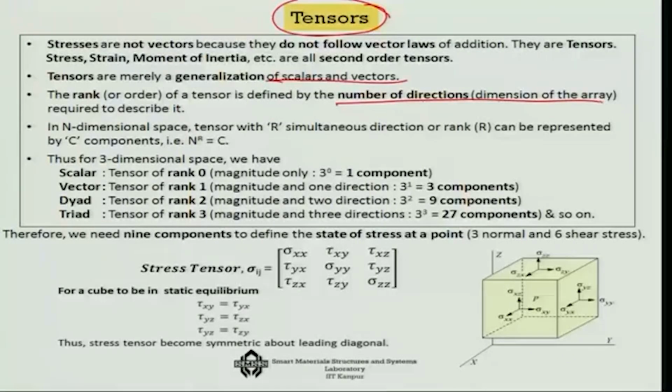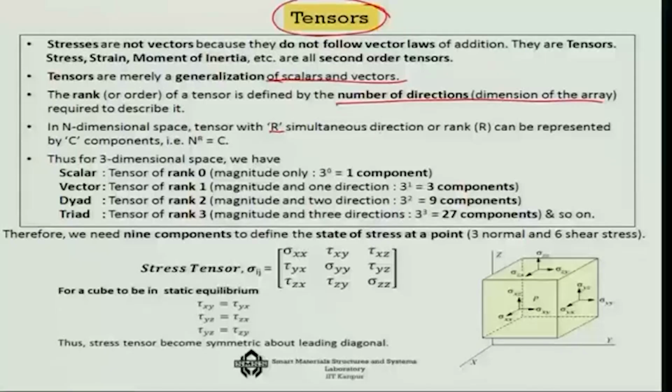So, suppose we are talking of an n dimensional space and we are talking of a tensor with r direction or rank r, then it can be represented by c components such that n to the power r equals c. Now, let us try to use this in terms of our day to day experience.